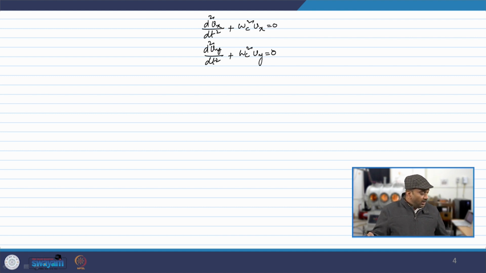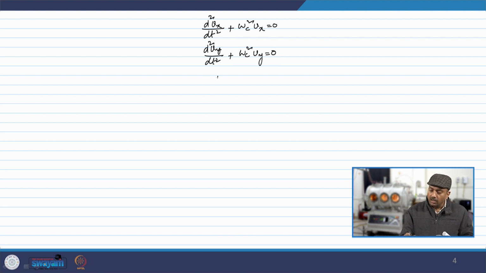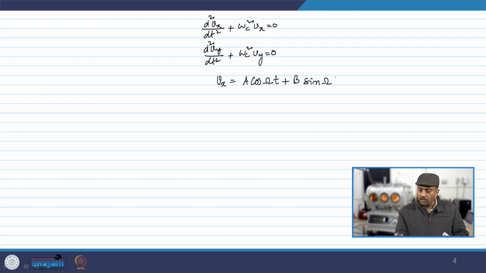Right. Now, let us take this equation as it is and try to obtain solutions which will probably tell us more information about the nature of motion. Okay. So, for this type of equations, I start with Vx. Vx is a cos omega t plus b sin omega t. Fine.